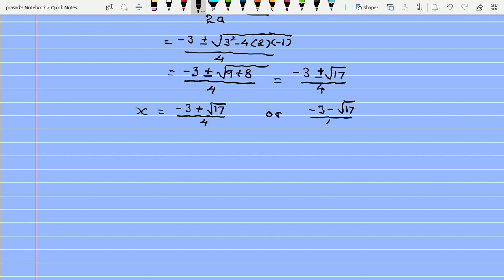Now since you want the answer to three significant figures, feed this to the calculator. So one of the solutions here will be negative 3 plus square root of 17 divided by 4.